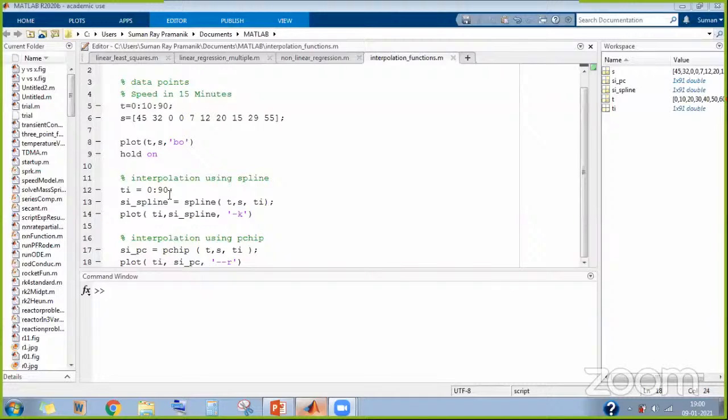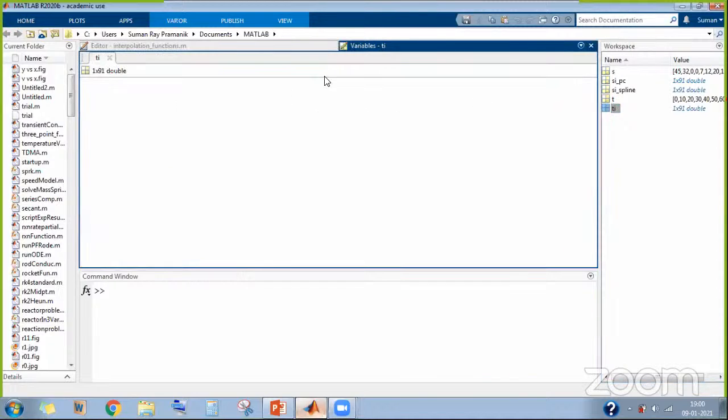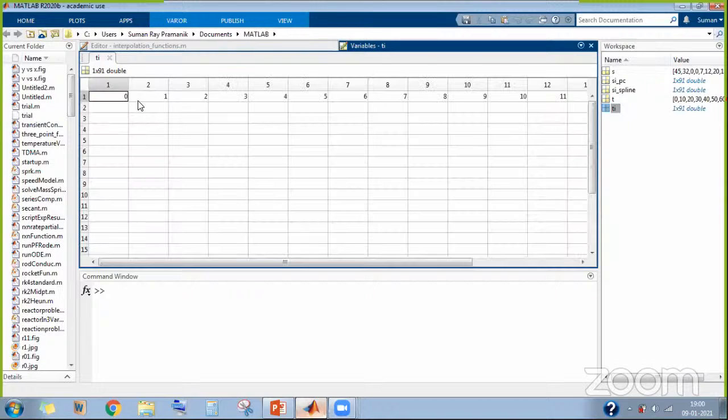So what I have done is I have created a variable called Ti. If I look into Ti, it is like 0, 1, 2, 3, 4, 5, 6. I have created a time variable which goes from 0 to 90 with a spacing of 1.